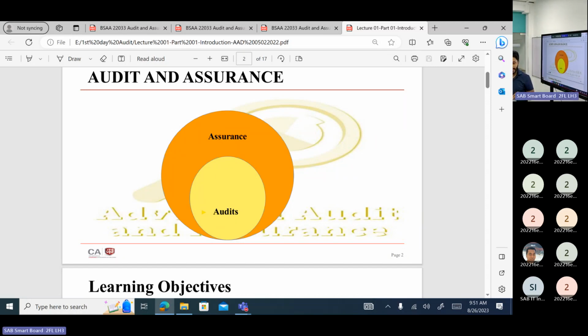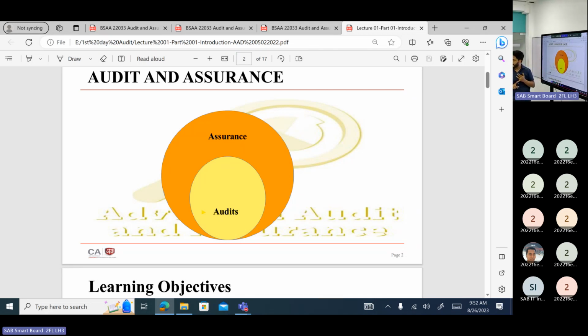In an assurance engagement, again, a new knowledge fact. While I'm discussing the subject, audit and assurance, I'm giving a basic background, right? So I told you the first knowledge fact: audit is also assurance. Assurance is a large concept.